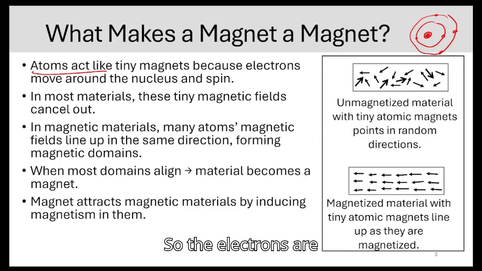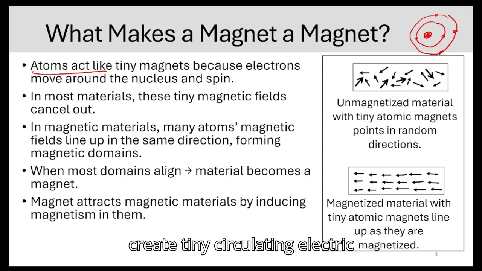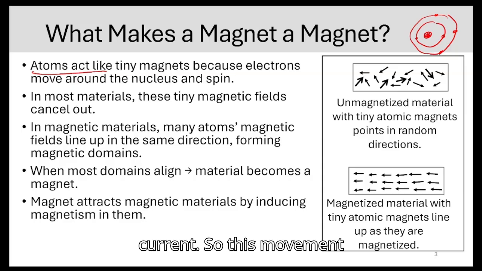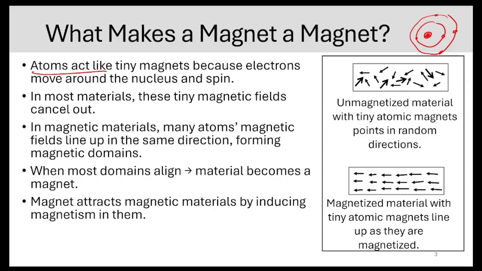So the electrons are orbiting as well as spinning, and this movement around the orbit and the spin essentially create tiny circulating electric currents. As we know, when charges are moving, we get electric current. So this movement of electrons creates circulating electric currents, and because of this electric current, we get a magnetic field.